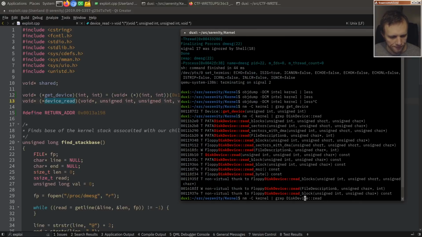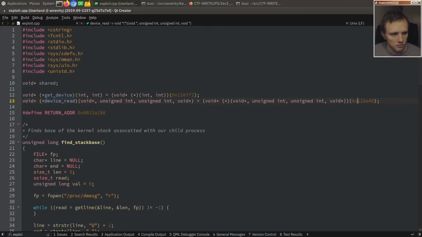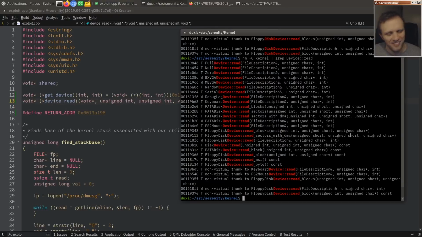No, is that not it? Disk device read. Yeah, there's this one right here. So 118b10. Oh, damn it. 118b10, right? Yeah.